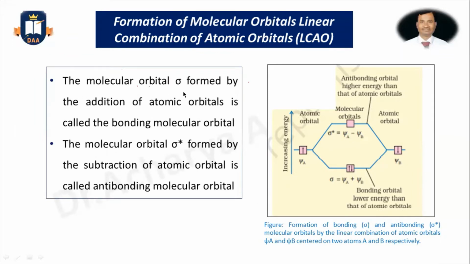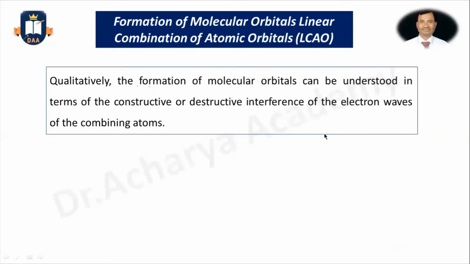The molecular orbital sigma formed by the addition of the atomic orbitals is called the bonding molecular orbital, and sigma star, formed by the subtraction of atomic orbitals, is called the anti-bonding molecular orbital. Now, qualitatively, the formation of molecular orbitals can be understood in terms of the constructive or destructive interference of the electron waves of the combining atoms.